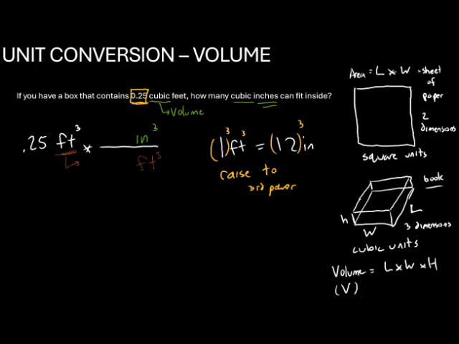We'll also raise the 12 to the third power, and we'll put third power on inches. Based on this, we can place the 12 to the third power in the top position next to inches. And we'll place the 1 to the third power on the bottom next to cubic feet.